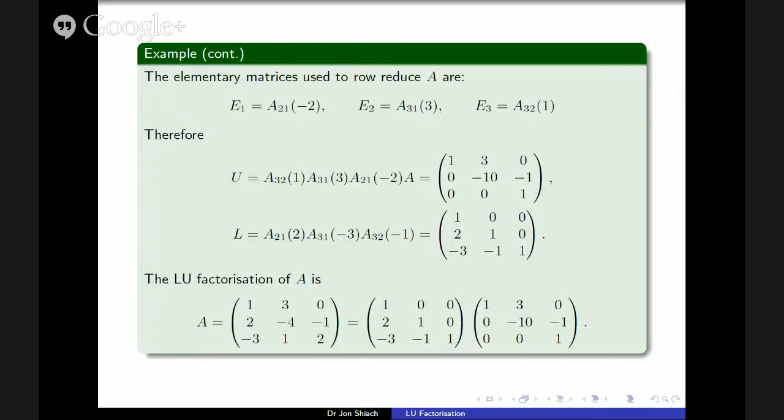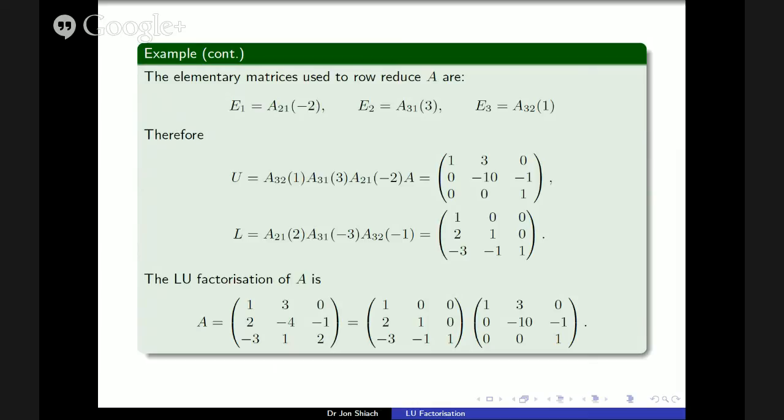Okay, upper triangular matrix. So that was A21 minus 5 over 2 multiplied by A. Because there was only one elementary matrix, L is quite simple.